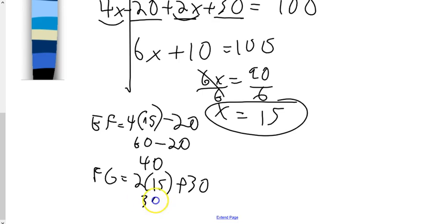So that's 30 plus 30, which is 60. So I know EF is 40 and FG is 60. And the last double check I can do before moving on to my next problem is they should add up to 100, and 60 plus 40 does.